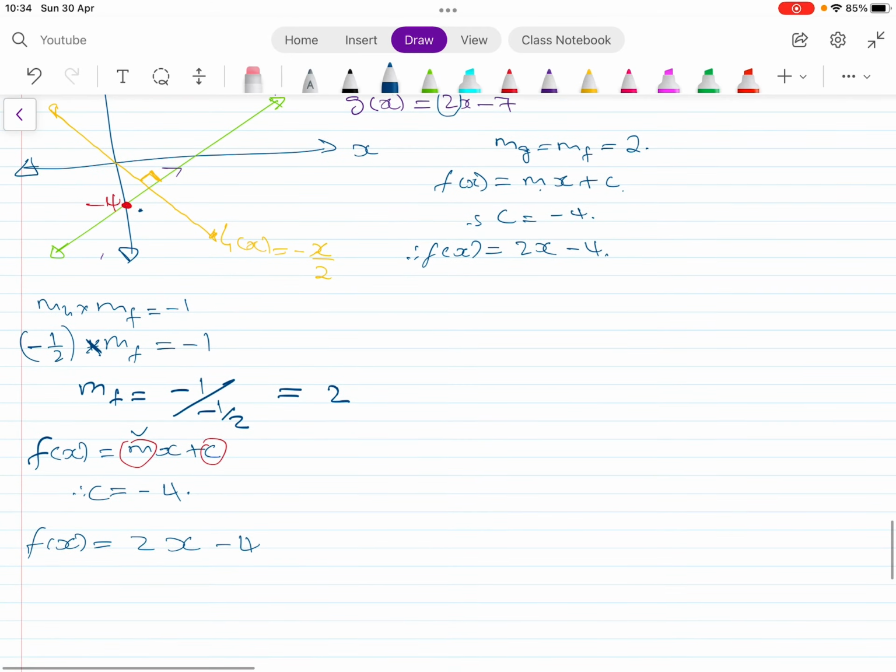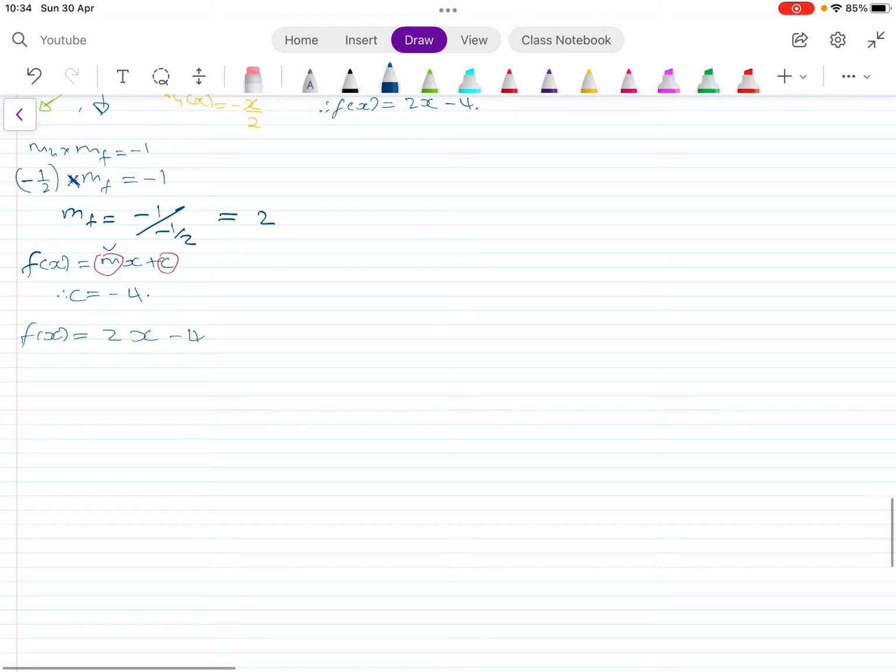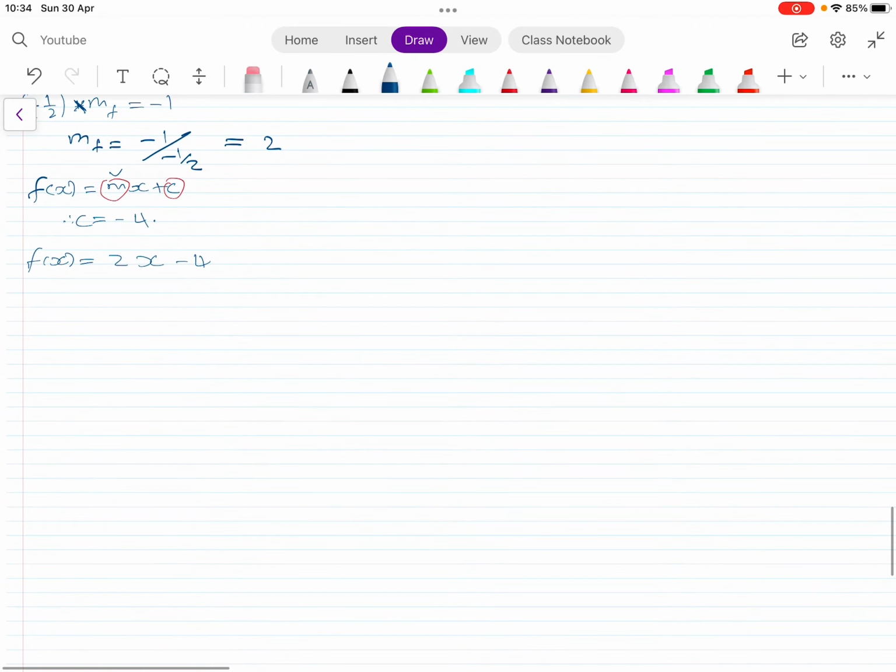And lastly, when it comes to straight lines, they can ask you, or maybe you might try to find the equation of a straight line when no one was really asking you.